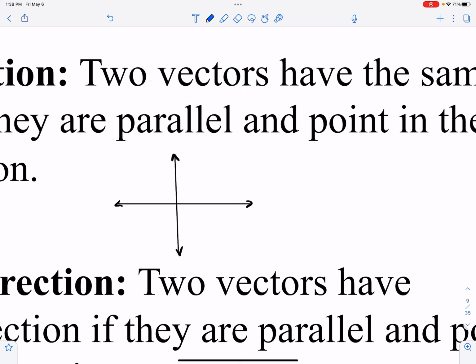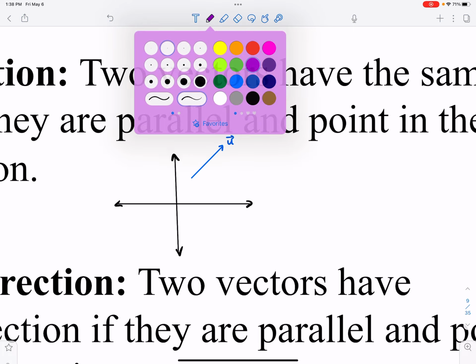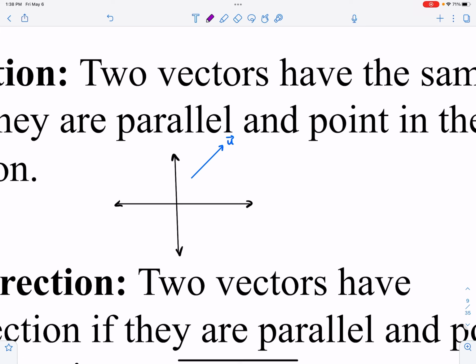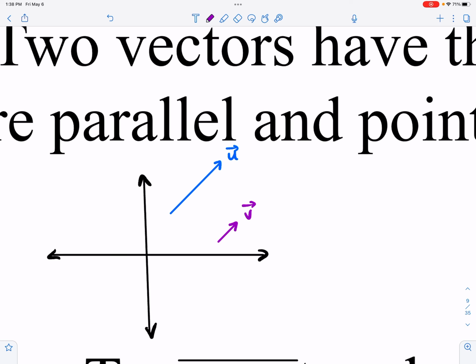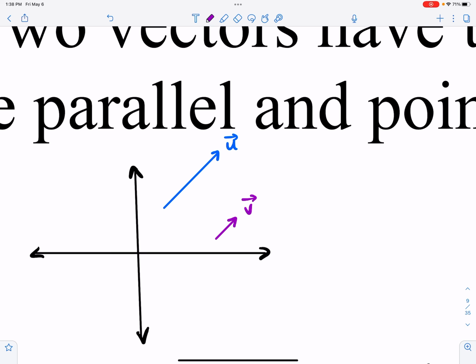Let's say we have this vector, which I'll call u, and then this vector v. I'm doing my best to make those vectors look like they're parallel to each other. They have different magnitudes, but they're parallel to each other.